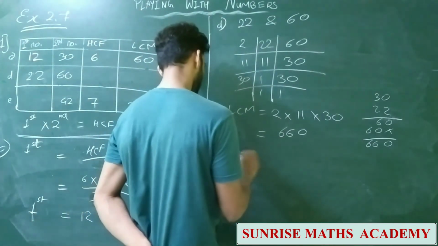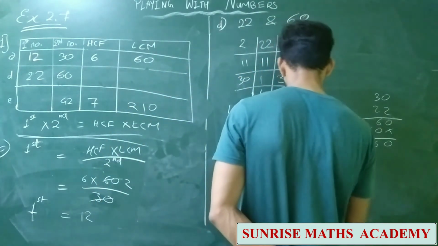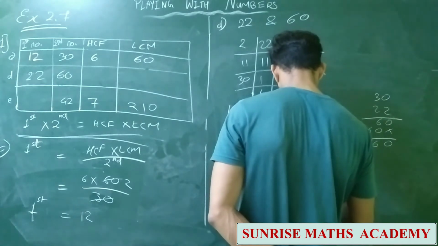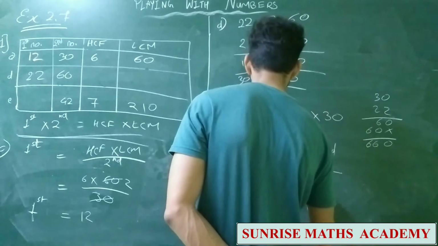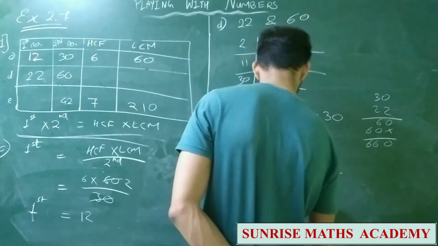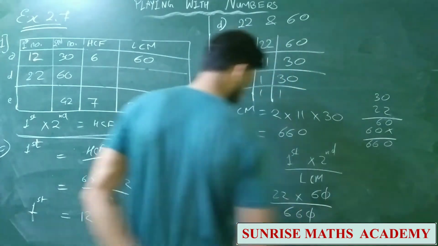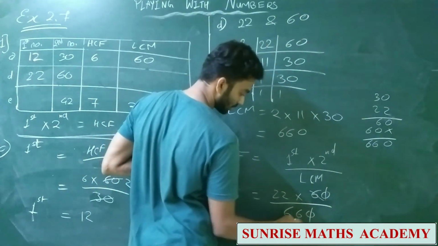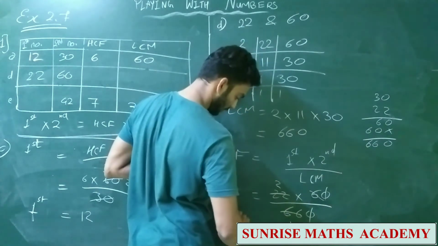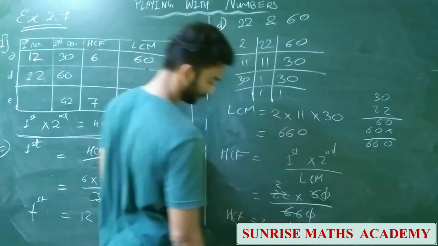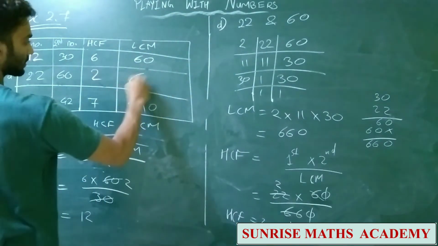Now we will use the formula to find the HCF. HCF is first number into second number upon the LCM. First number is 22, second number is 60 and the LCM is 660. So the 0s will be cancelled. This is 6 ones are 6, 6 11s are 66, so 11 ones are 11, 11 twos are 22. So HCF is 2. HCF is 2, LCM is 660.